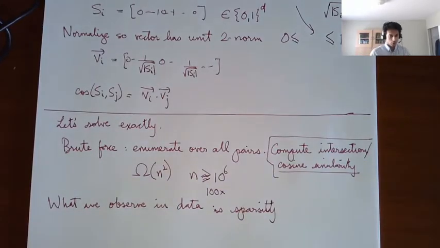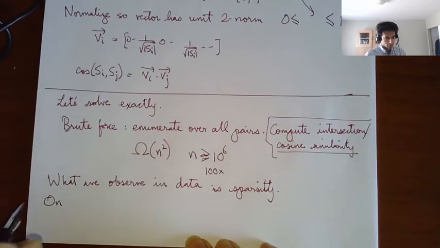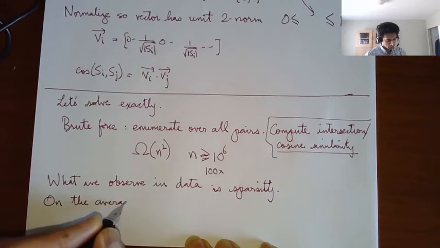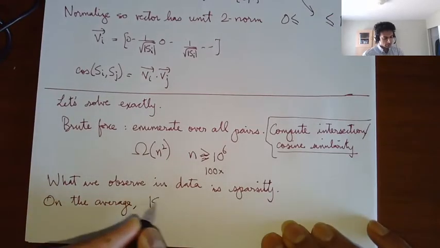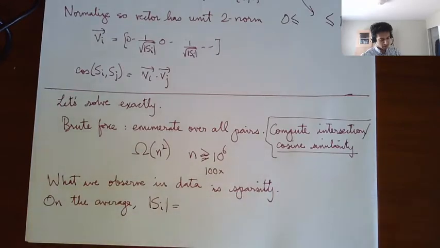What I mean by sparsity is that on the average, the size of S_i is going to be relatively small.